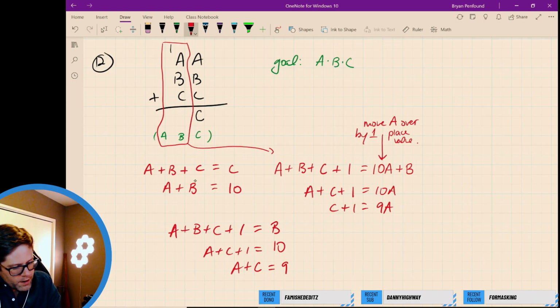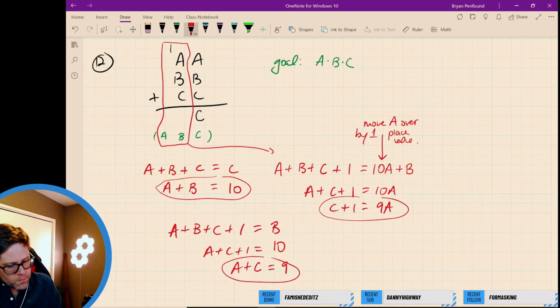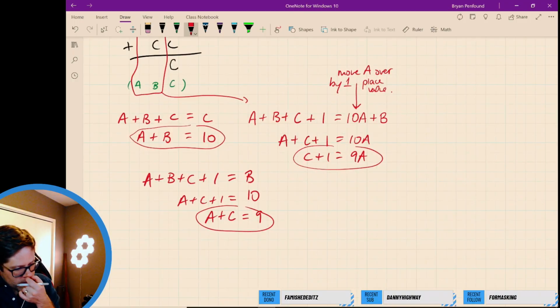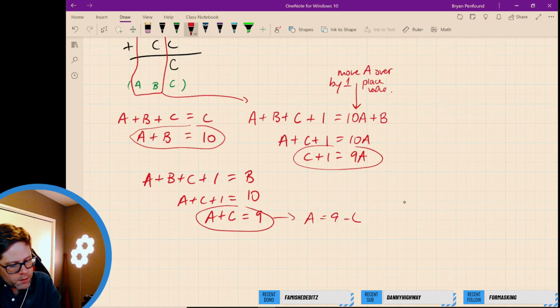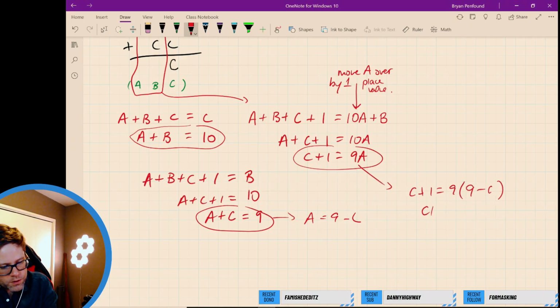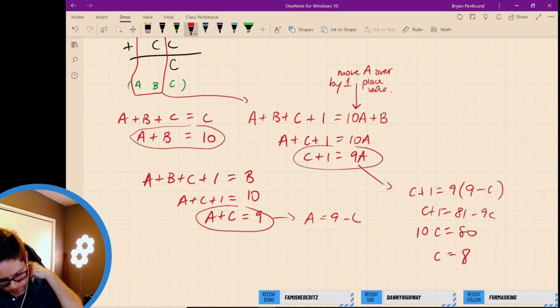So is that enough to get what we want? Does this system of 3 equations give us something reasonable? This would give A equals 9 minus C, and if we sub that in, we get C plus 1 is equal to 9 times (9 minus C), so C plus 1 is equal to 81 minus 9C, so 10C is equal to 80, C is equal to 8.